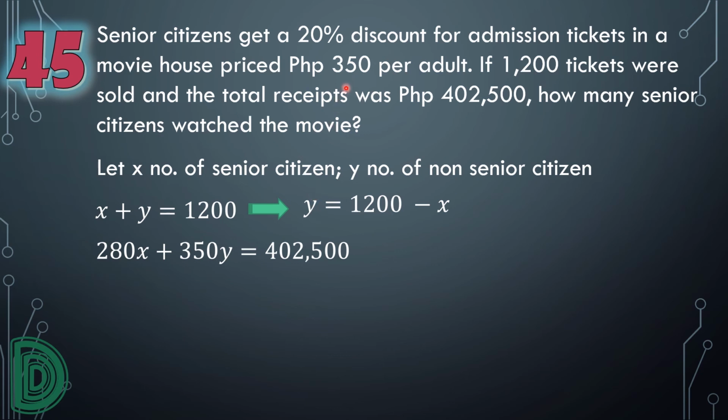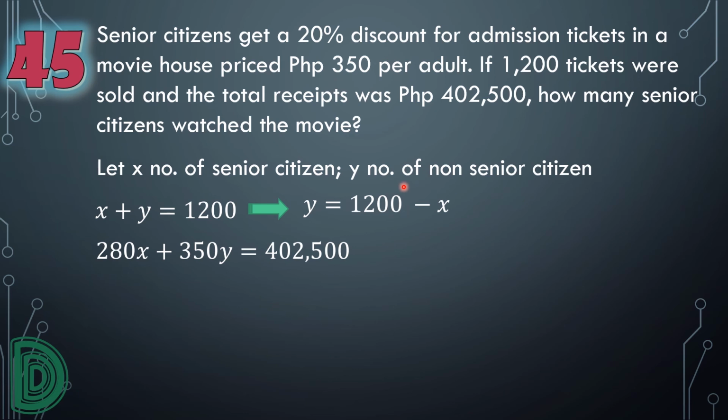Therefore, 350 pesos minus the 20%, that is 70 pesos, 280 pesos. So 280 times the number of senior citizens plus 350, that is the undiscounted ticket, times y, the number of non-senior citizen. Total sales is 402,500.